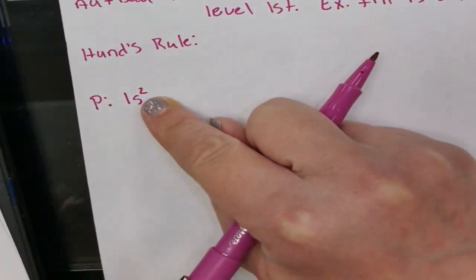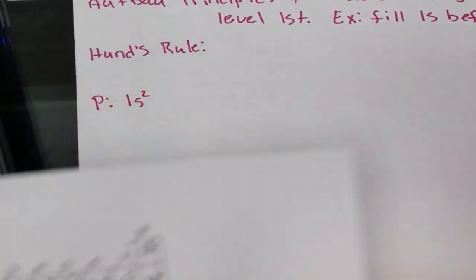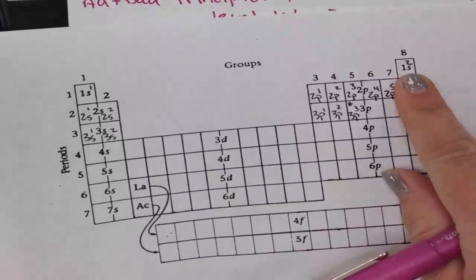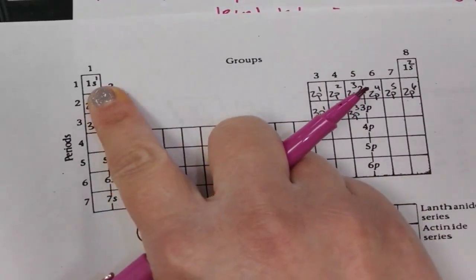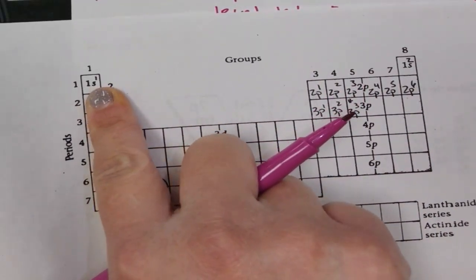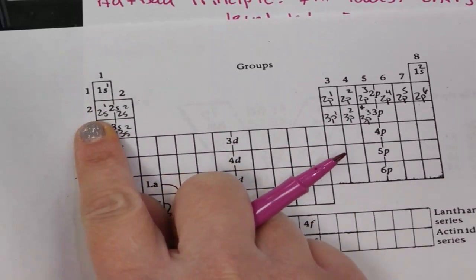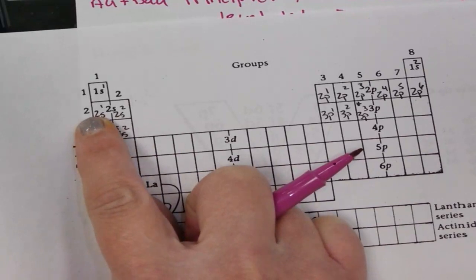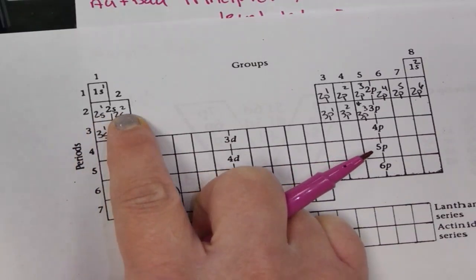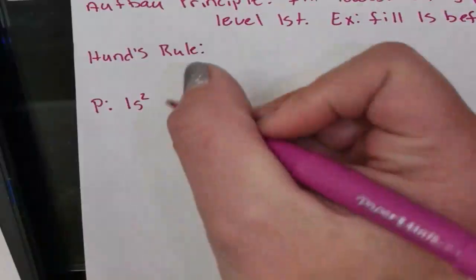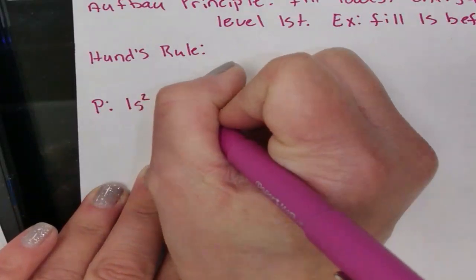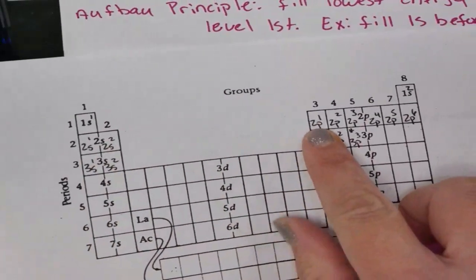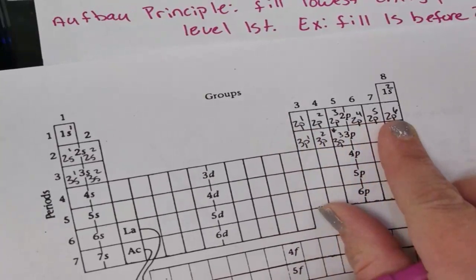By writing 1s2, this tells the reader that not only is there an electron in the 1s2, but there's also an electron in the 1s1. Now my next page, the energy level in this case, is the 2s. I go through the 2s2. So I'm going to write 2s2. Then I'm going to come over to my next paragraph, 2p6.